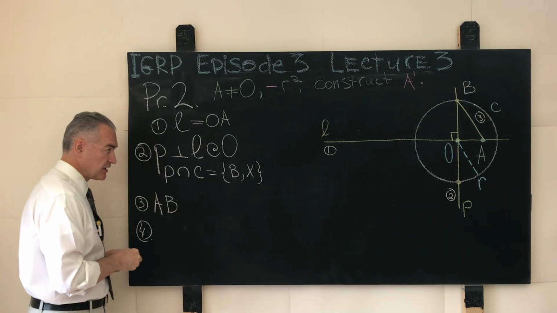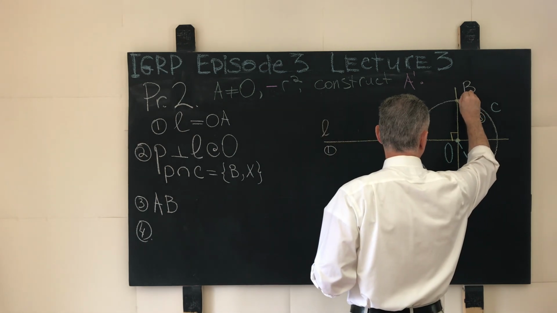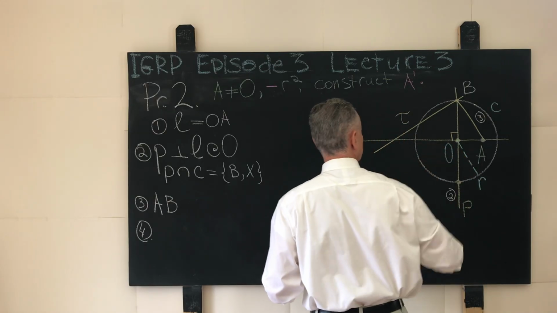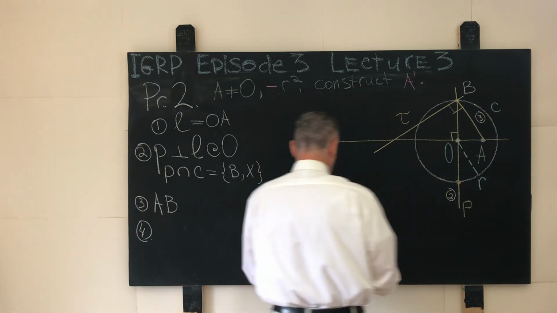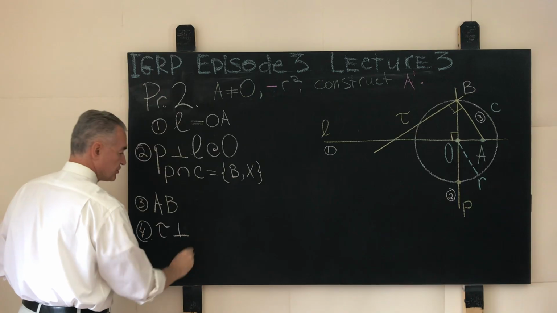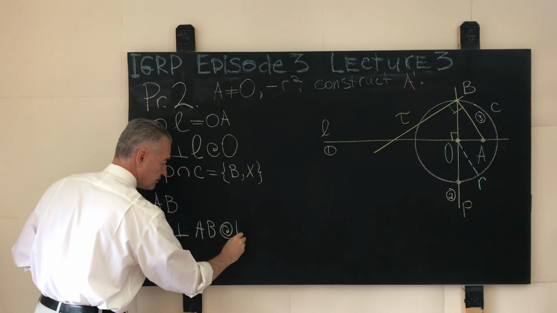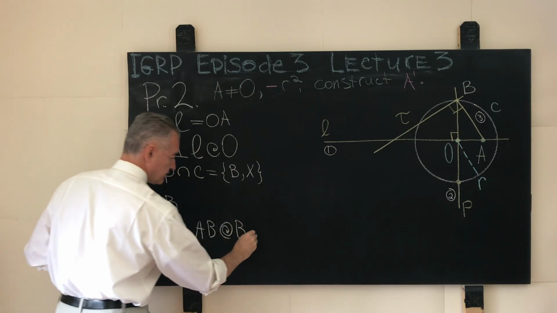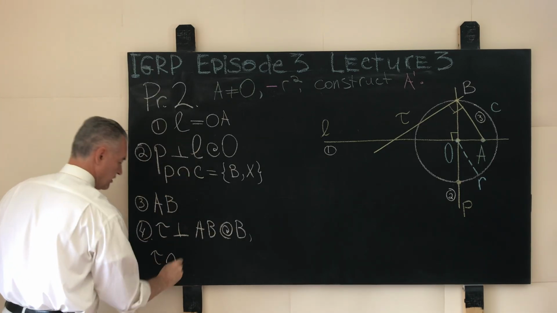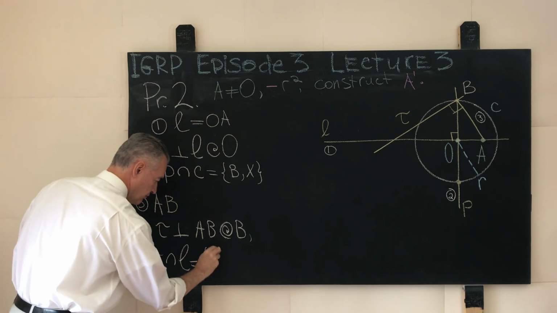Let us call that straight line tau, and let's see if I can do it by eye by hand. That straight line tau will be perpendicular to the straight line AB at the point B, and that straight line tau will intersect the straight line L at the sought after point A prime.